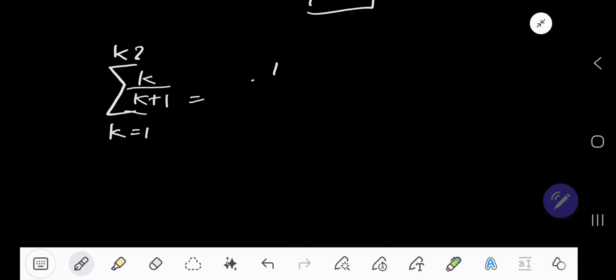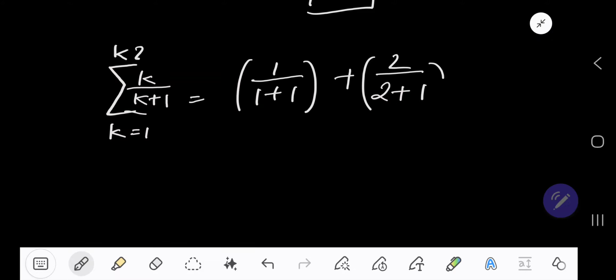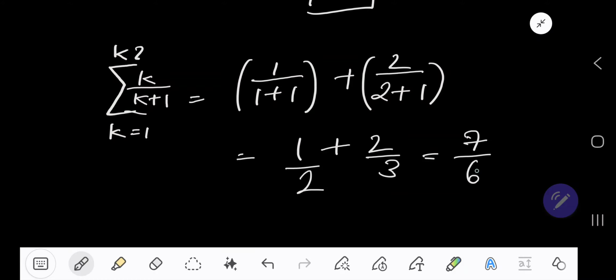This would be equal to 1 over 1 plus 1, plus 2 over 2 plus 1, which equals 1 over 2 plus 2 over 3, my bad, which equals 7 over 6. Yeah, equals 7 over 6. I wrote the upper limit wrong, my bad. This is 2.